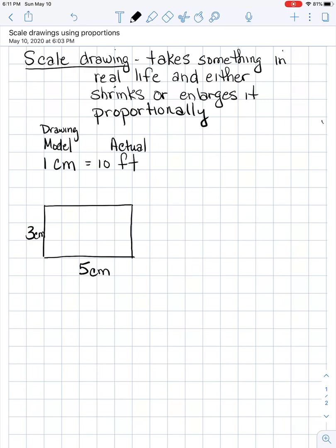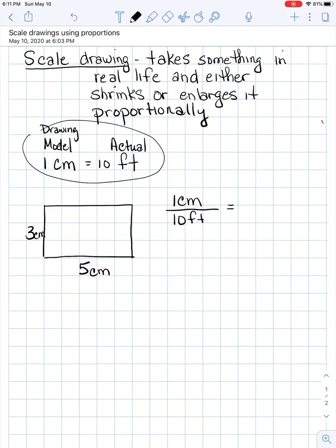So what I'm going to do is take my initial ratio and write it as a fraction. It's going to be 1 centimeter represents 10 feet. And I'm going to create a proportion.